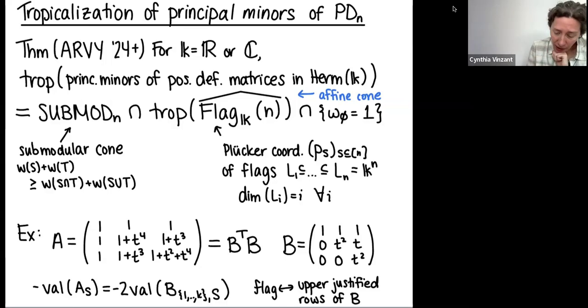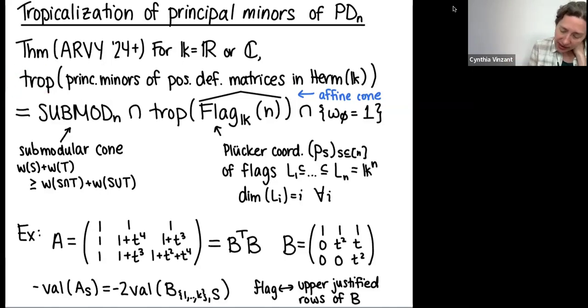And if we take the tropicalization of this variety and we intersect it with what's called the submodular cone, then the image of this is exactly the tropicalization of the principal minor map. So in our 3x3 example, we had a 3x3 positive definite matrix, and we recorded all of the principal minors of it, the valuation of the principal minors. So that sort of lives up here.